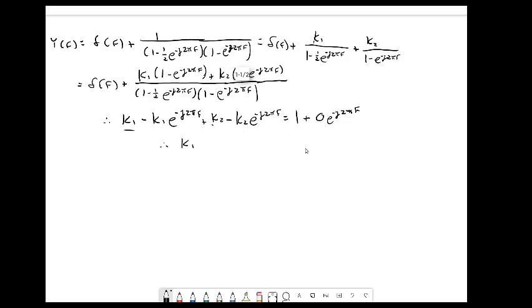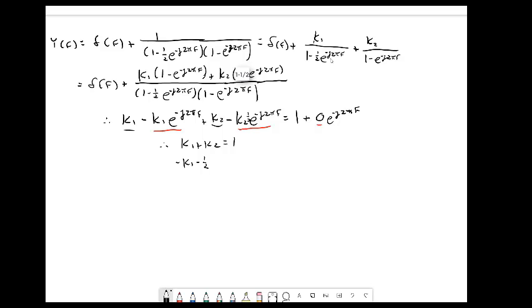K1 plus K2 has to be equal to 1. And the other two factors here have to add up to 0. So that's a minus K1 minus 1/2. And we lost a 1/2 somewhere. When we multiplied our K2, you let me get away with that. There's a 1/2 in there, right?